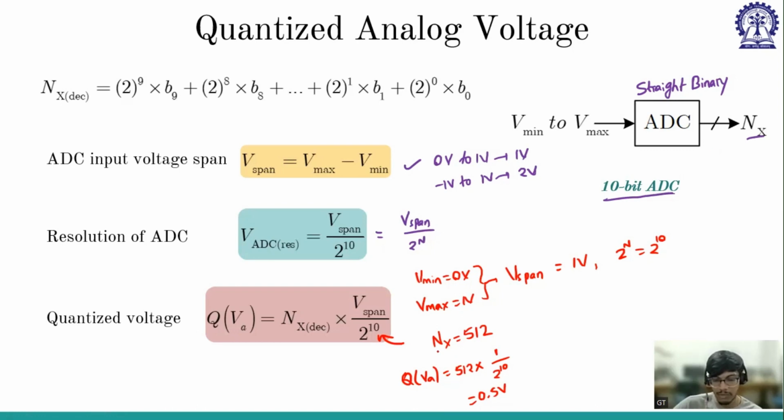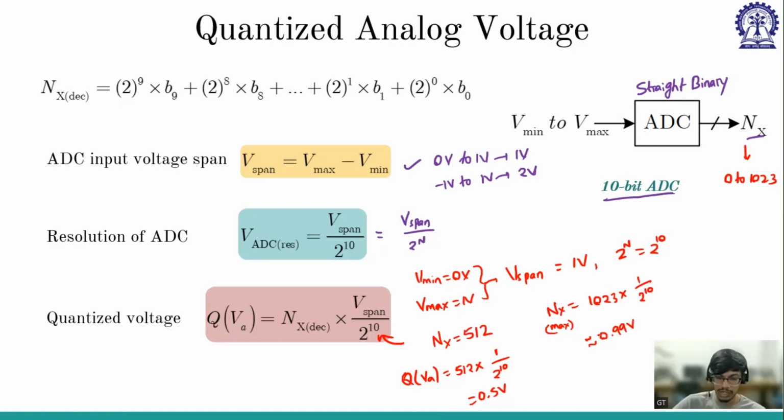And what is the maximum value of Nx? For 10-bit, it can vary from 0 to 1023. So Nx maximum is 1023 times 1 by 2 to the power 10, which will be close to 1, but 0.99 volts.